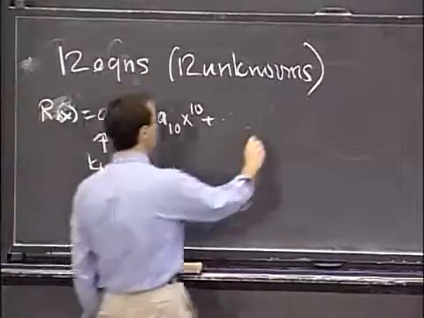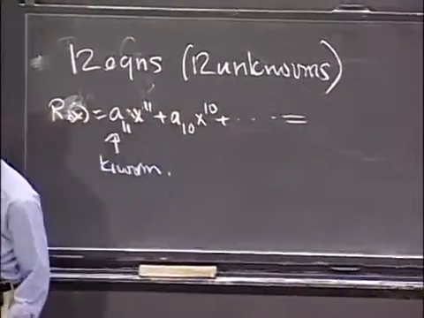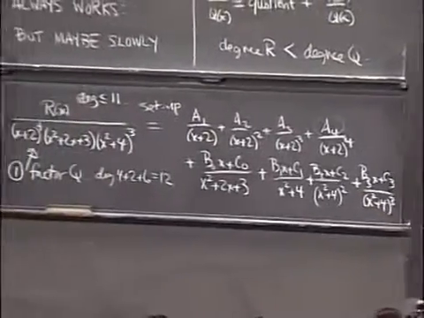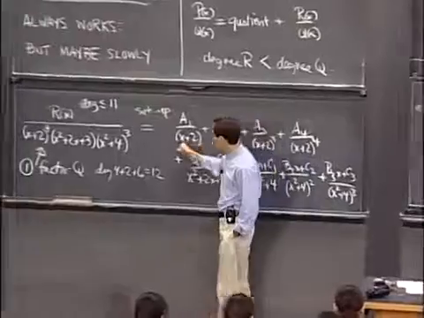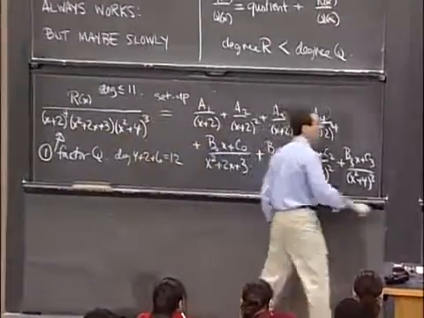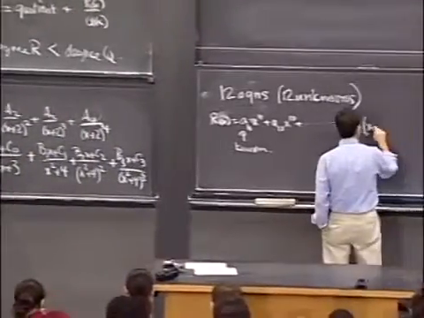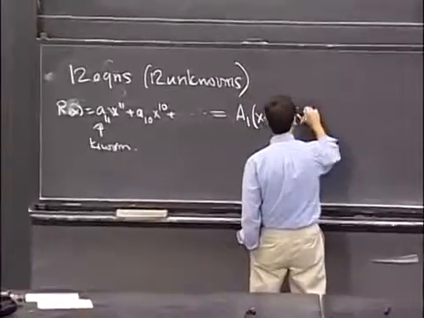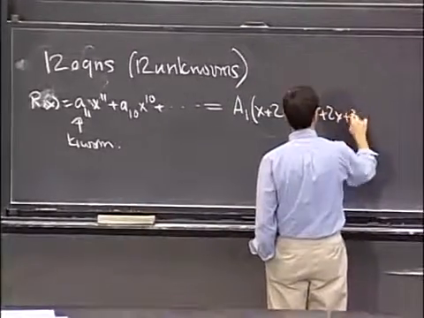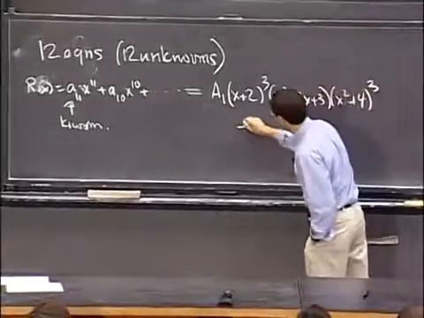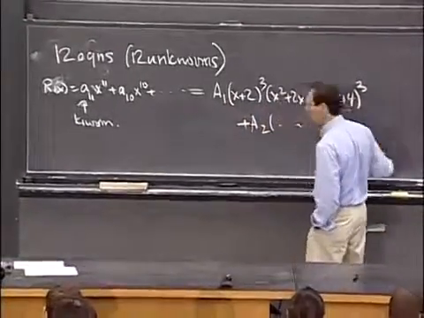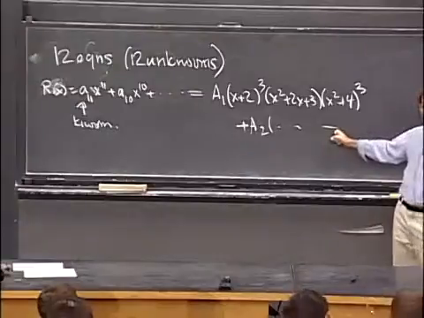So this function r of x is equal to a11 x to the 11th plus a10 x to the 10th, and these things are known. This is a known expression here. And then when you cross multiply on the other side, you have a1 times, if you cancel this denominator with that, x plus 2 cubed, x squared plus 2x plus 3, x squared plus 4 cubed, plus the term for a2, etc. It's a monster equation.